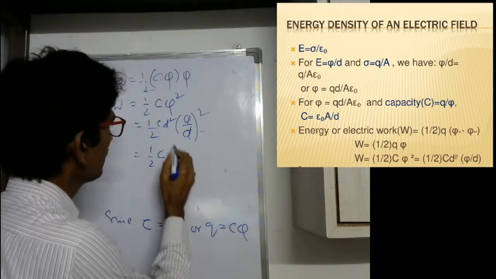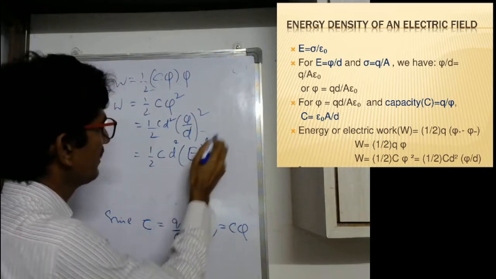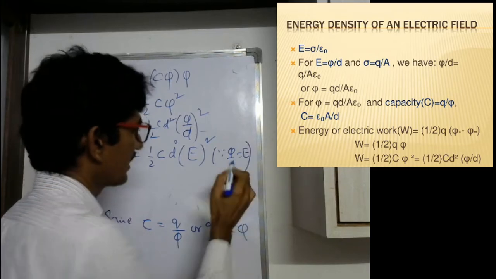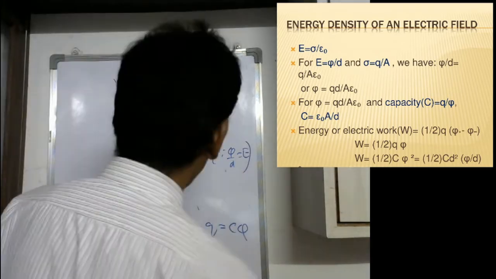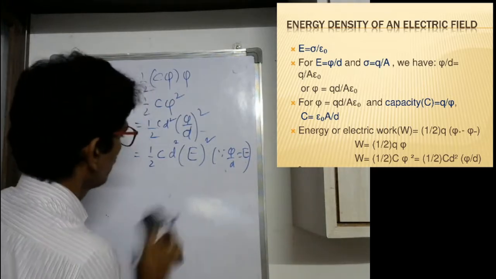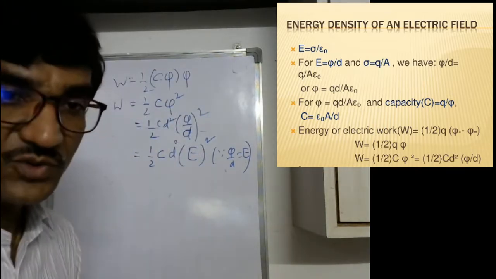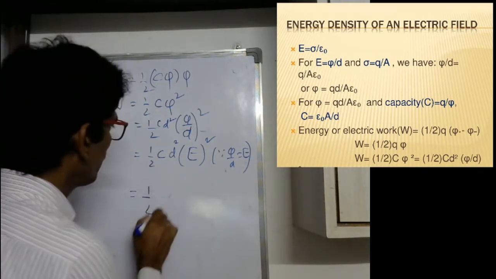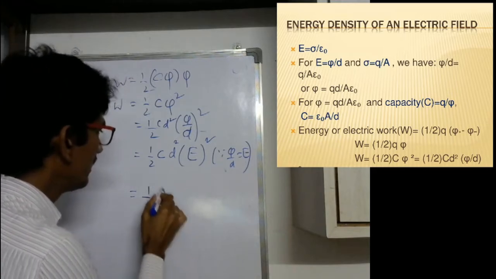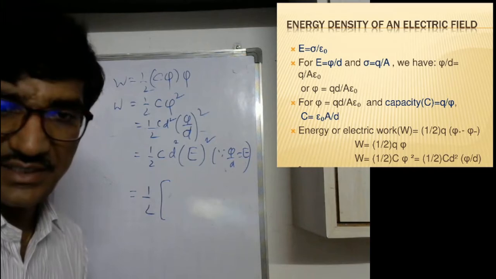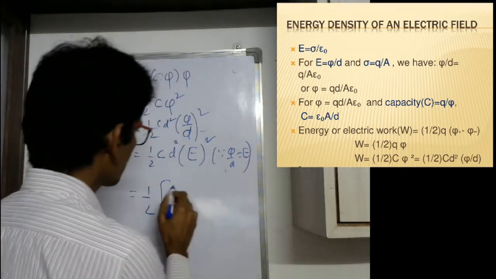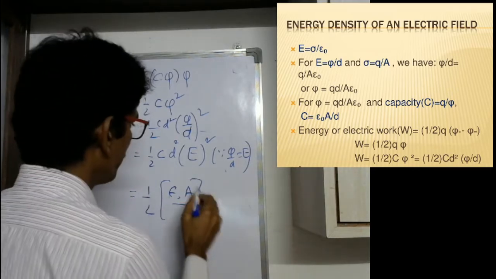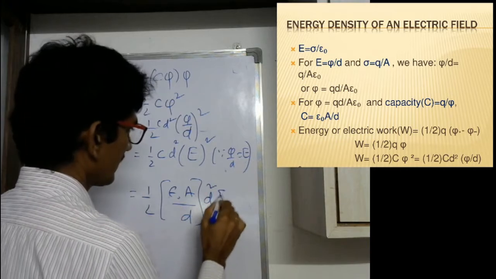So C d square times E square, because phi by d is equal to E. Now we have already calculated C as epsilon naught A by D, into D square E square.